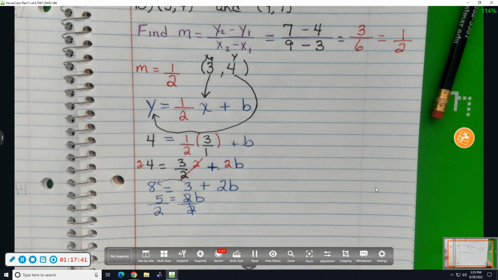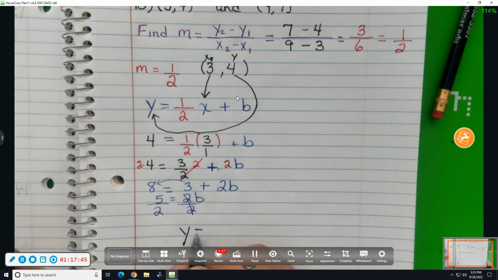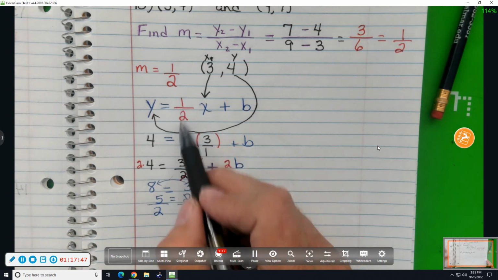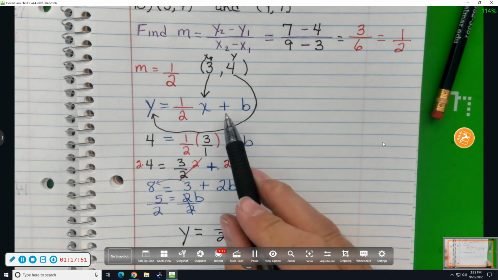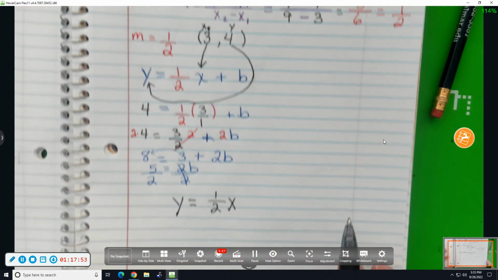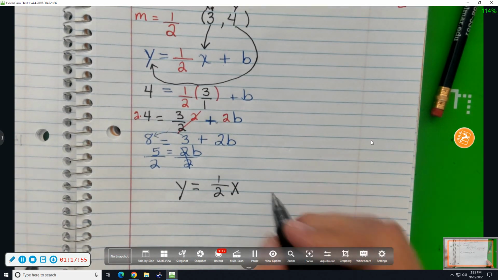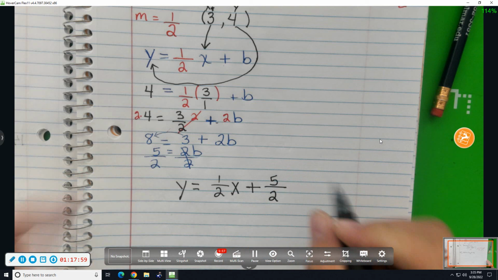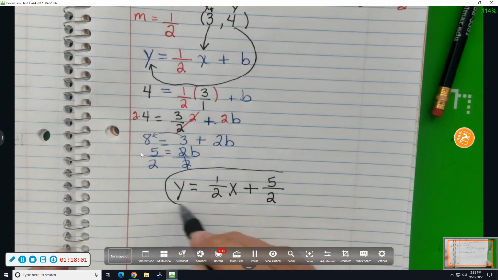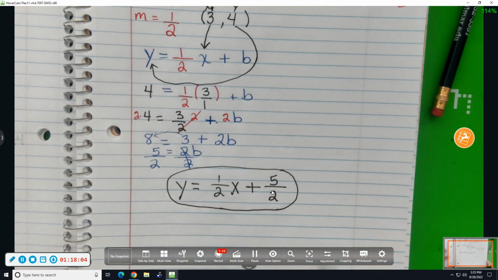So now we write our slope-intercept form. What's going to go in place of that b? Well, we have a 1/2 x, that's the mx, and in place of the plus b, I'm going to go ahead and put a plus 5 over 2. It's a positive 5 over 2.